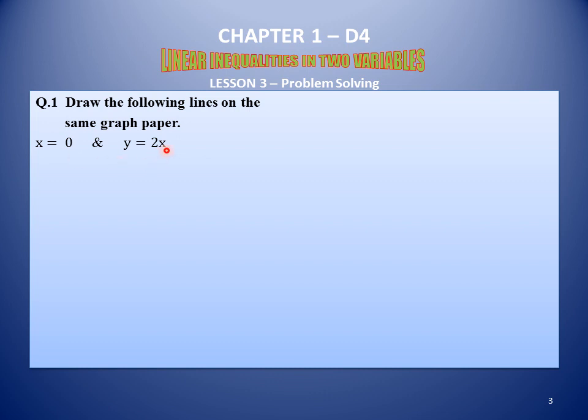This equation is a linear equation in two variables, which is already written in gradient intercept form, because y is on the left side and all the other terms are on the right hand side. Because there is no c, it means c is 0. We will draw the graph of these equations by using method 1.